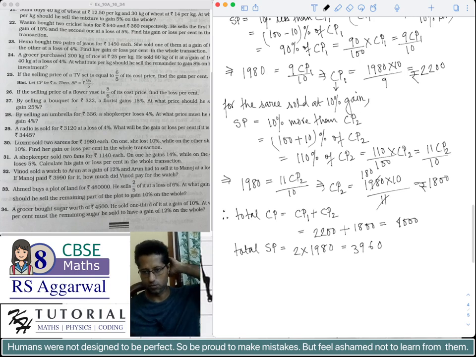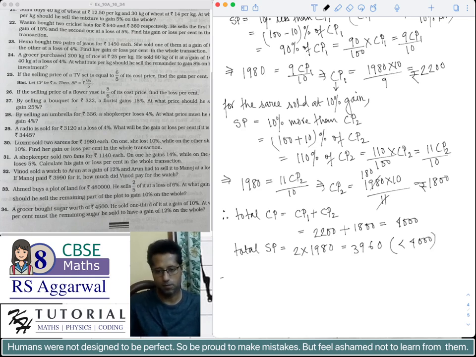4000 and 3960, these are all in rupees. So we can see that the total selling price is less than the total cost price. So there will be a loss. So this implies loss is equal to total CP minus total SP.